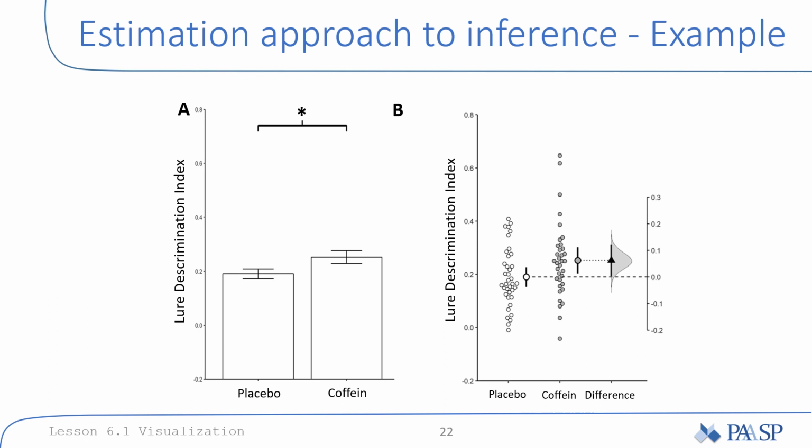The outcome would be that caffeine is estimated to improve memory relative to the placebo group by 31% with a 95% confidence interval of 0.2% to 62%. The figure in panel B graphically represents this information with an estimation plot that shows the effect size in the sample and the confidence interval for the effect.